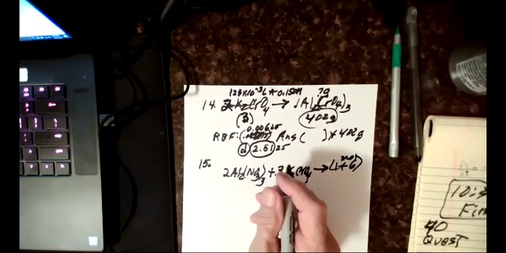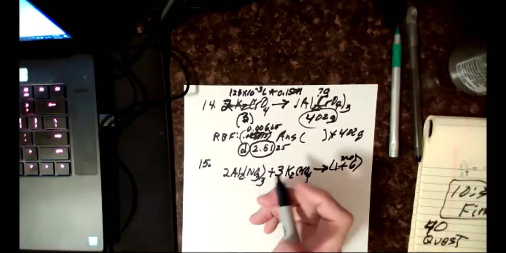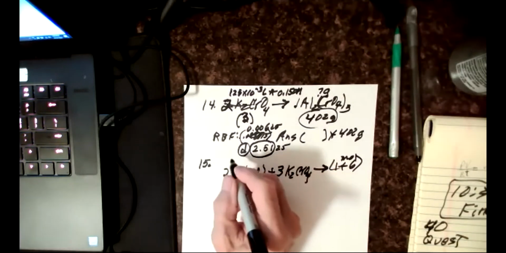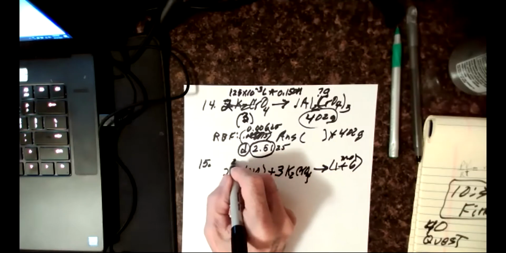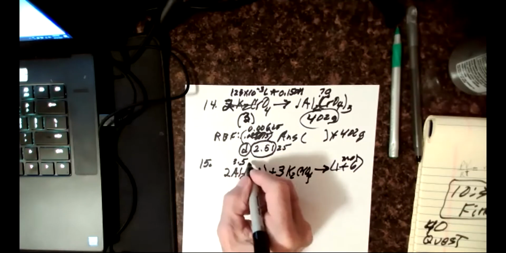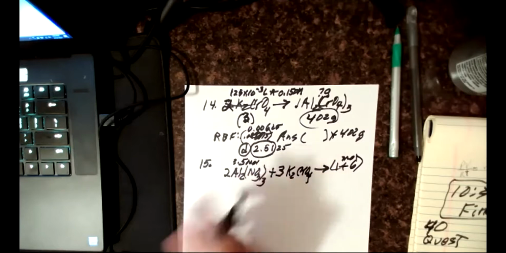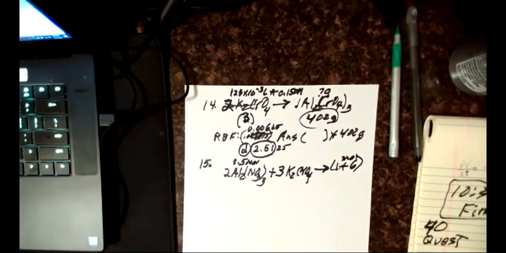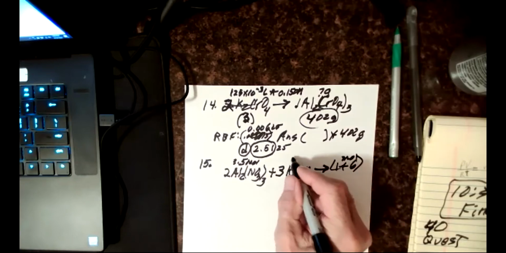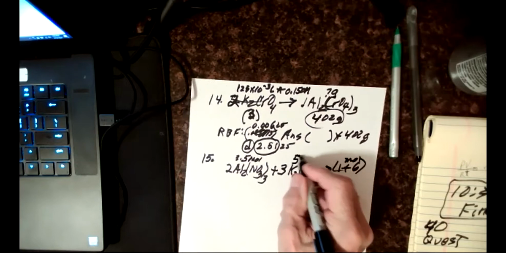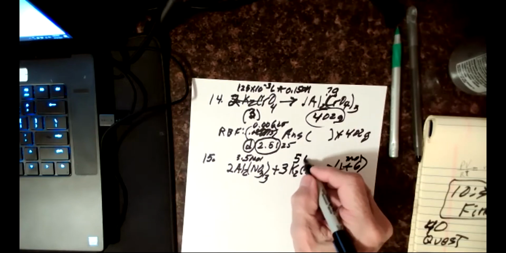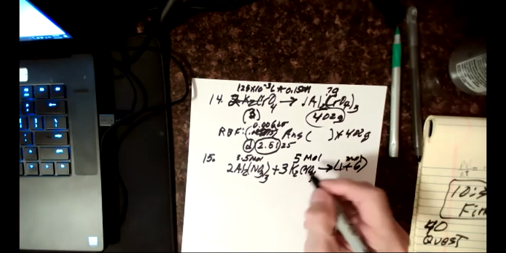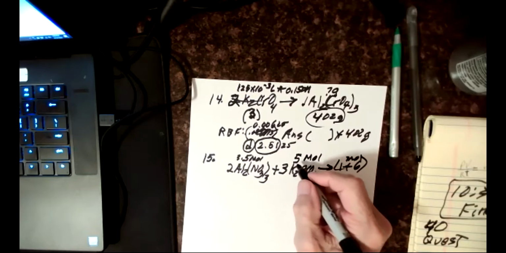We've got 3.5 moles of the aluminum nitrate, and we've got 5 moles of the potassium chromate.